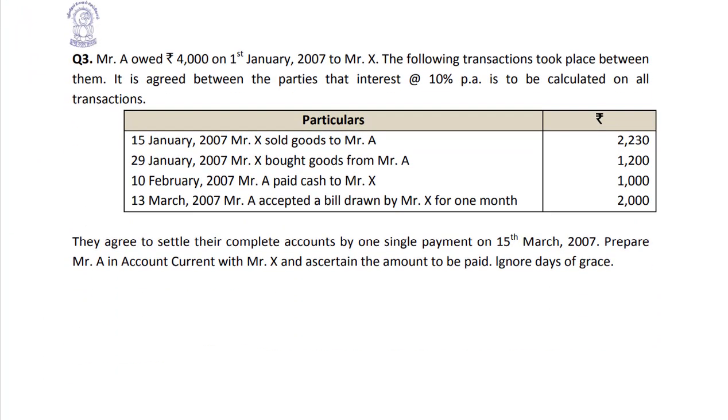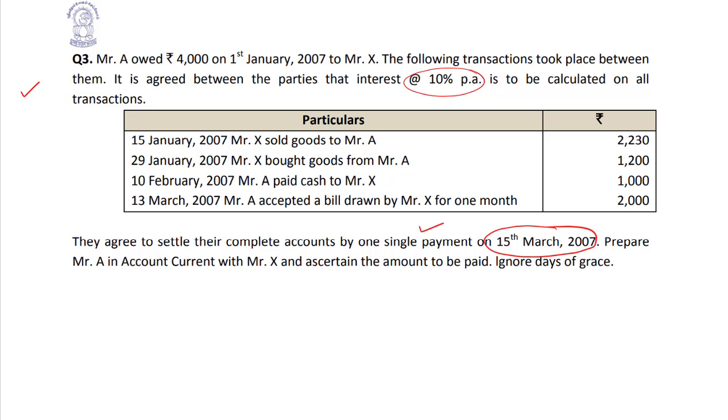Question 3. Mr. A owed 4,000 rupees on 1st January 2007 to Mr. X. The following transactions took place between them. It is agreed between the parties that interest at the rate of 10% per annum is to be calculated on all. These are the transactions given over here. They agreed to settle their complete accounts by single payment on 15th March 2007.